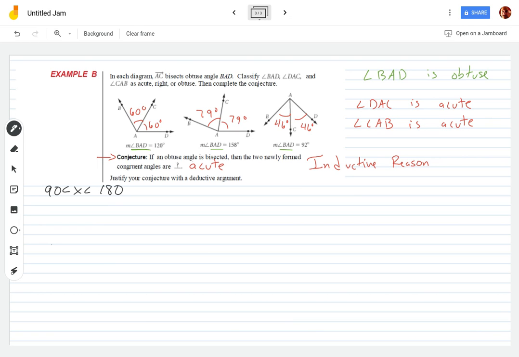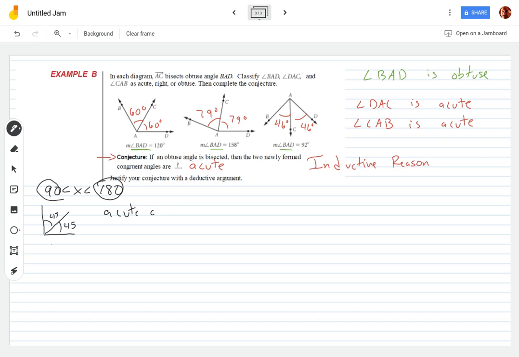So let's use those two endpoints as our angles and see what happens. Let's say I had a 90-degree angle, and I want to do an angle bisector. That means this one's 45 and this one's 45. So both of those new angles are, I'm sorry, they're both acute.